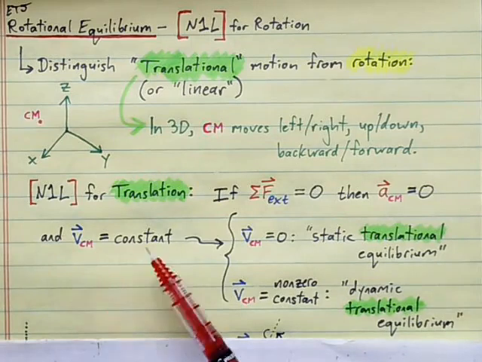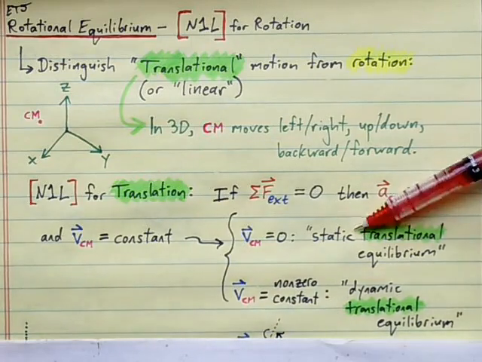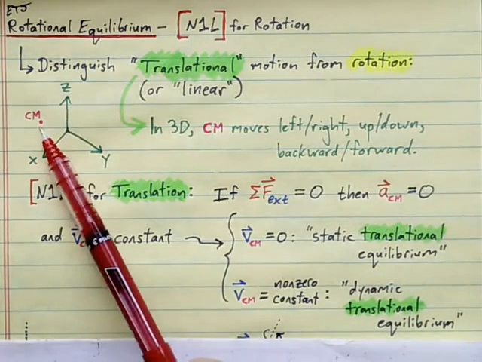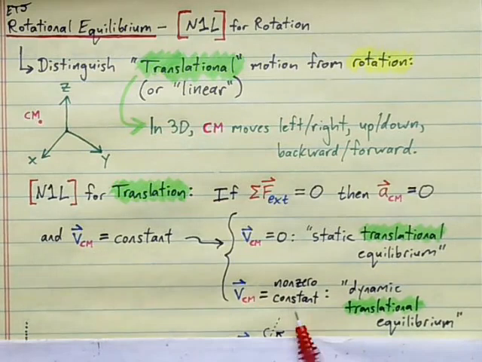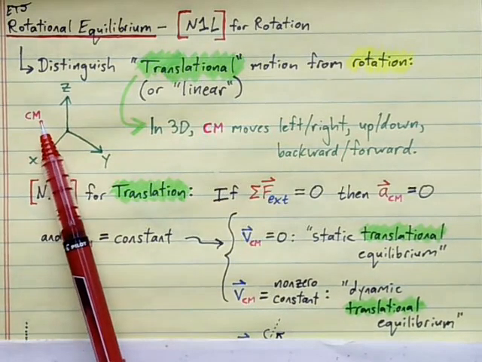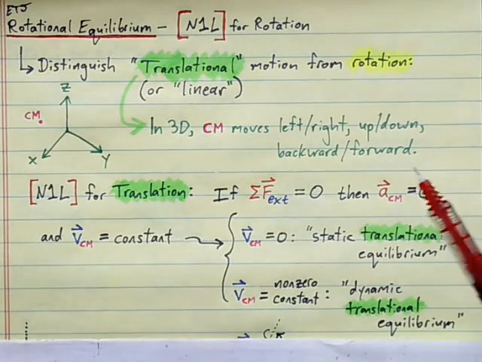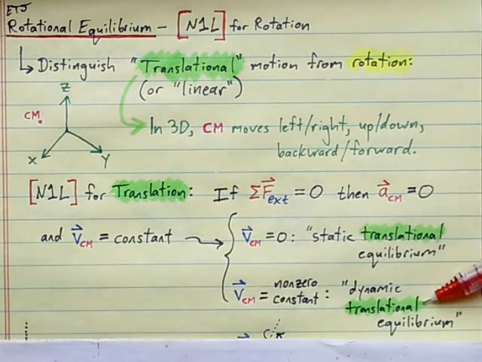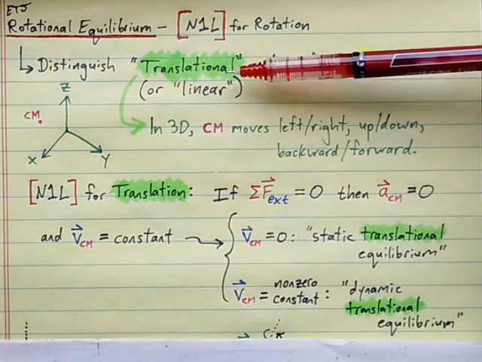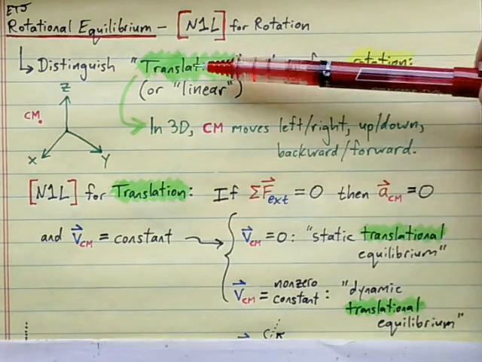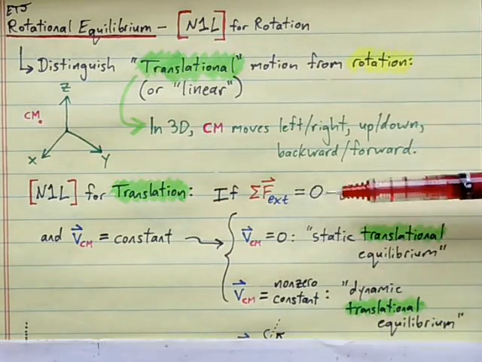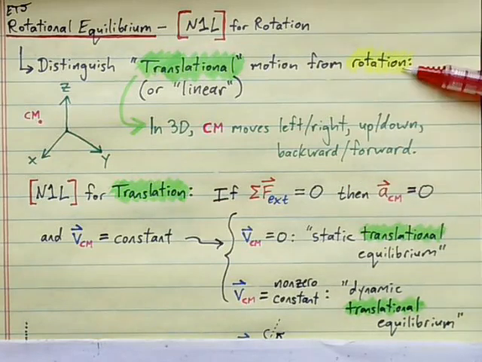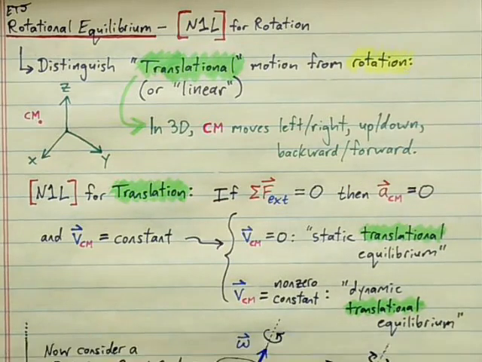Either the VCM is zero, and we call that static translational equilibrium, if the CM is not moving at all, or if the VCM is a non-zero constant, so if this point is moving through space with a constant velocity, then we call that state dynamic translational equilibrium. Mainly I'm introducing this term translational to distinguish the physics we're familiar with from the related concepts for rotational motion, which we'll discuss now.